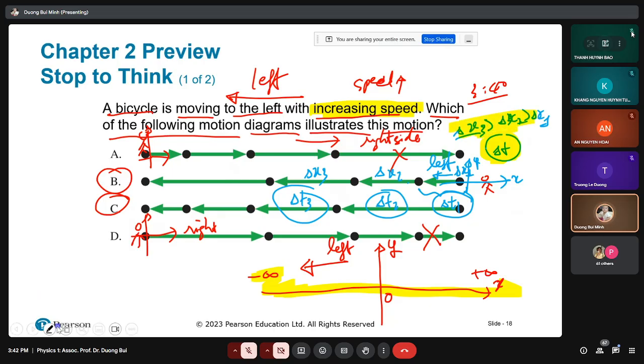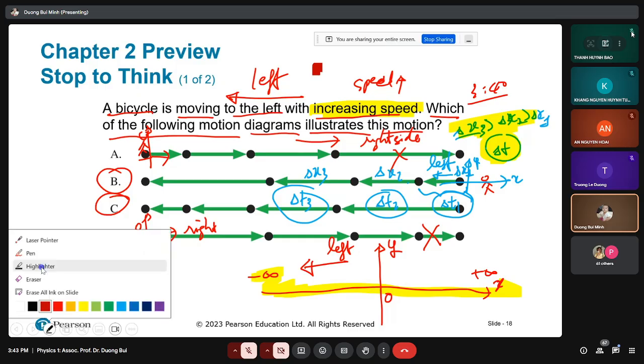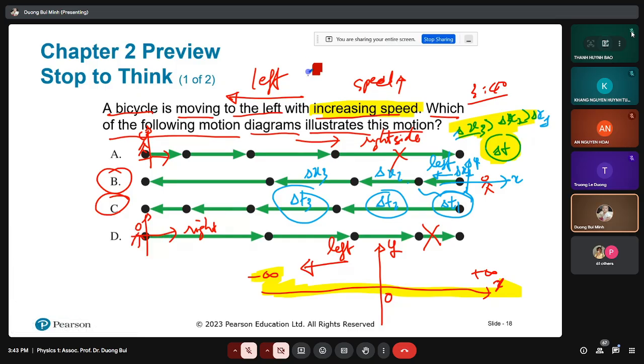So if we have decreasing, that means the same time interval, but delta x3 will be less than delta x2, less than delta x1. We say the speed is decreasing.